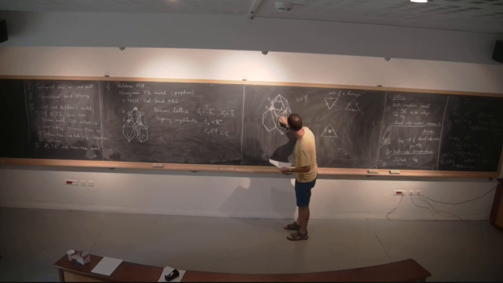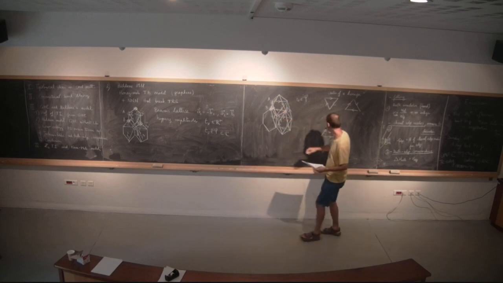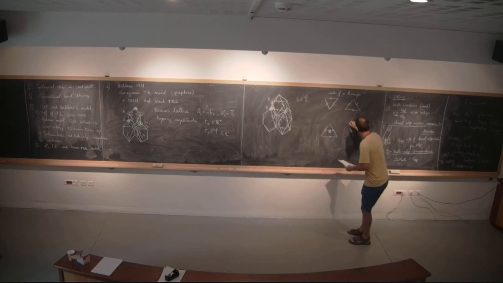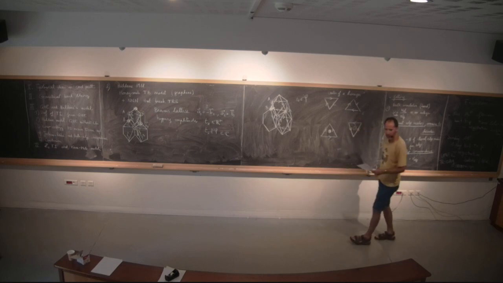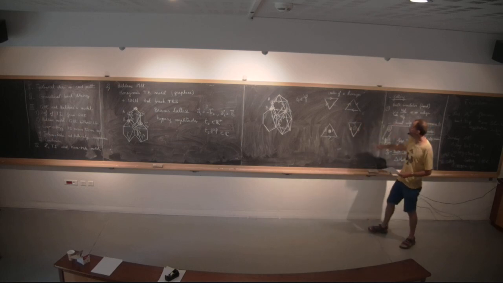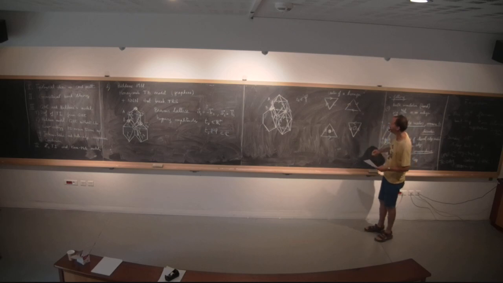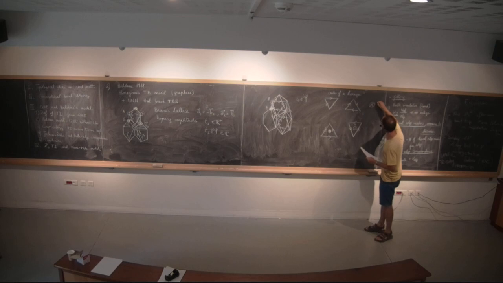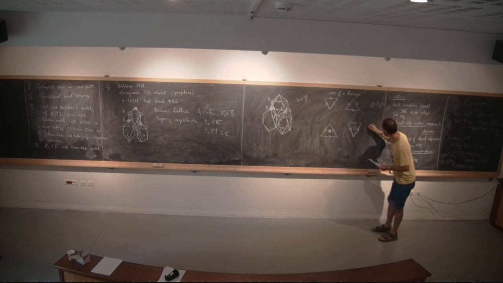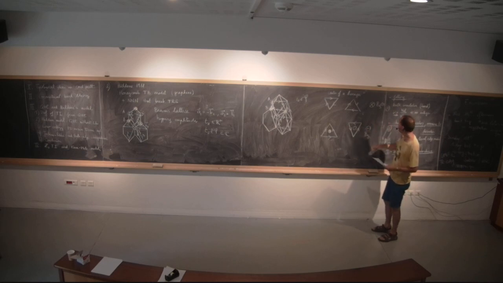So for example, this is an A site, and if I look at the pattern, it moves counterclockwise. So what does it mean? It means that in these triangles, I have, let's say, a negative magnetic flux, B_z going towards the black bond, and here I have a positive magnetic field coming out of the black bond.